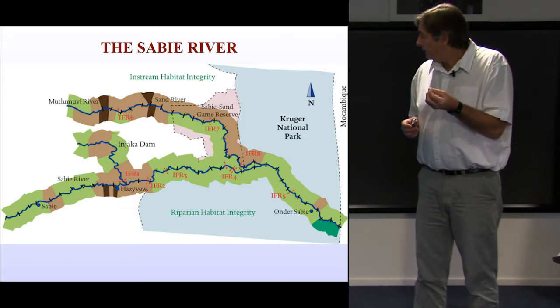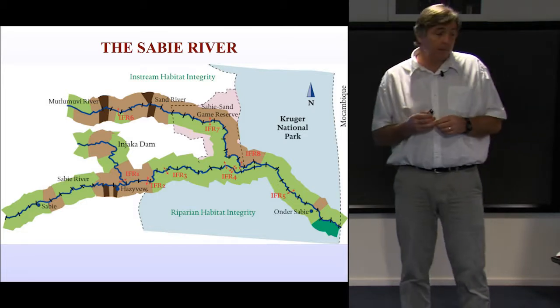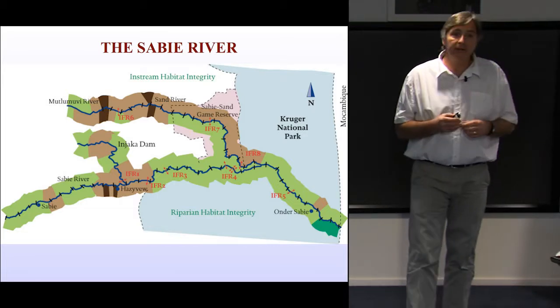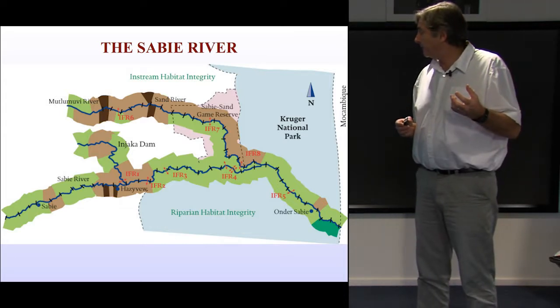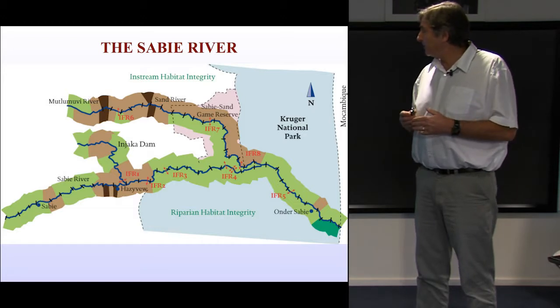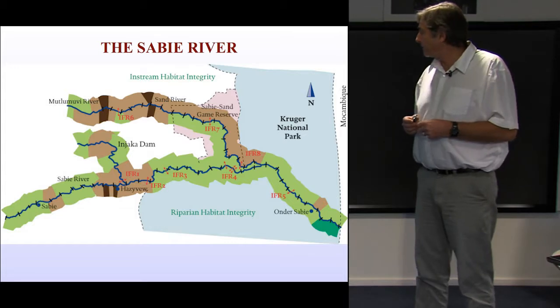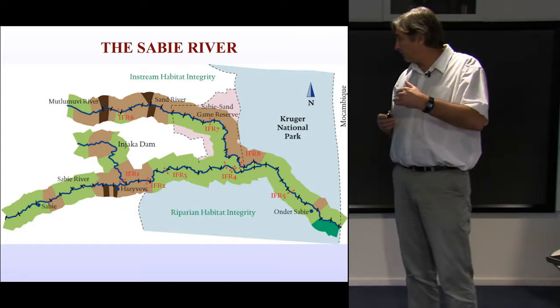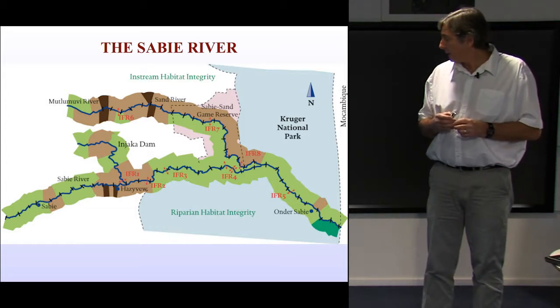And the greener, the more natural it is, and the browner, the more modified and degraded, both in terms of the in-stream habitat integrity, the in-channel integrity, which is the colours above the river channel, and in terms of the riparian habitat integrity, which are the colours below the river channel.